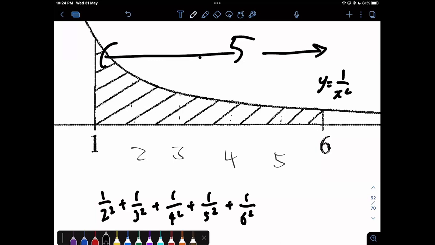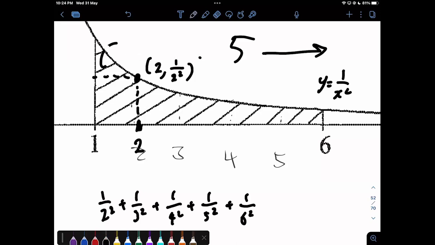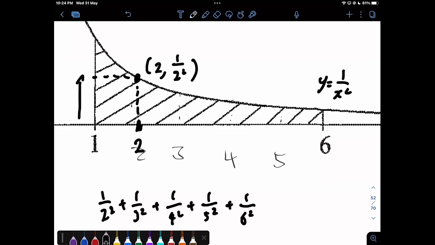So if x over here is equal to 2, what's the corresponding point over there? Must be 2 comma 1 over 2 squared. Sub in the x with 2. Right? Okay. So what's the height over here? Oh, 1 over 4. Or just leave it in the format 1 over 2 squared.